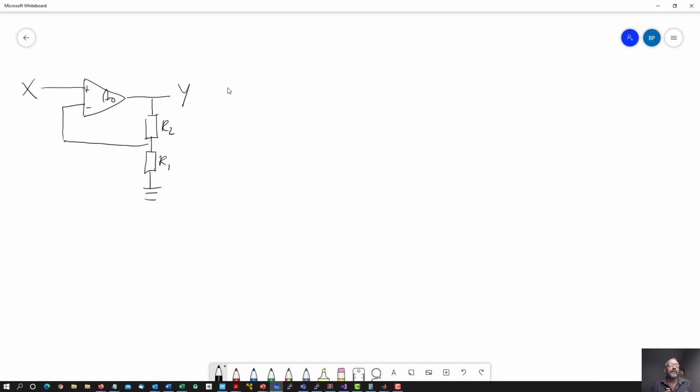This is not the type of diagram that we use for our processes and for our feedback loops. So let's redraw that in such a form that it resembles the process diagrams that we have been using so far.